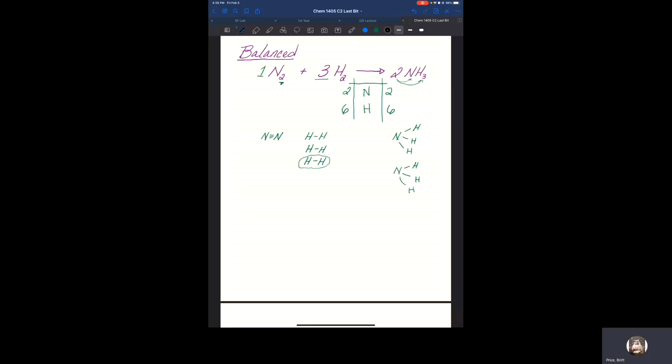Let's look at another unbalanced equation.